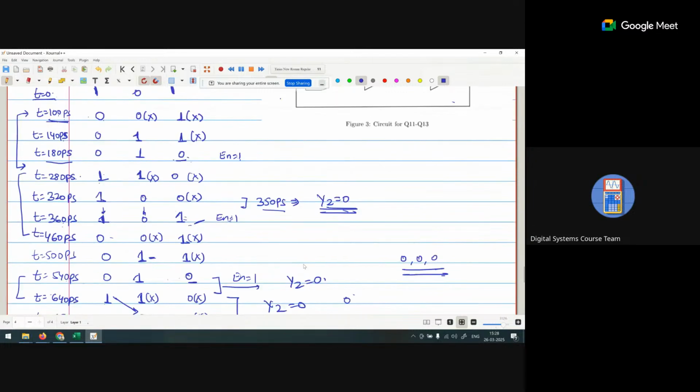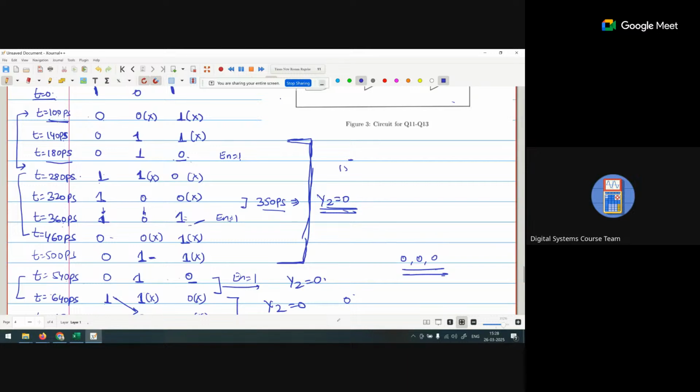Is there any doubt in this particular timing diagram? No, sir. Okay, one waveform is when it goes to 0 and then 0 to 1, again it goes to 0. So this is your one cycle.